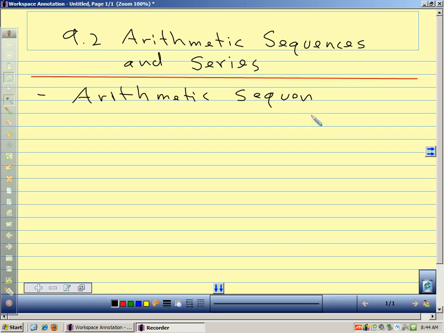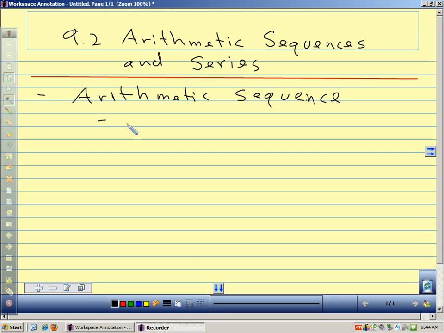An arithmetic sequence means that each term is different by a constant number.